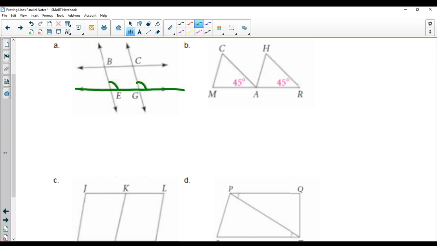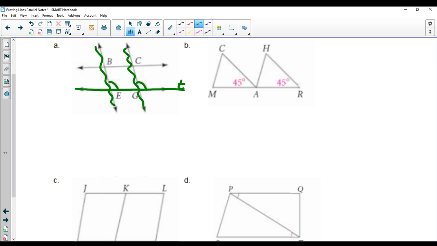Those look like corresponding angles because they're in the same location in different neighborhoods. This angle right here at G is in the top left corner, and this angle here at E is in the top left corner. Okay, so if this is our transversal, what would our parallel lines be? It would have to be these lines going this way right here. So let's name those lines.